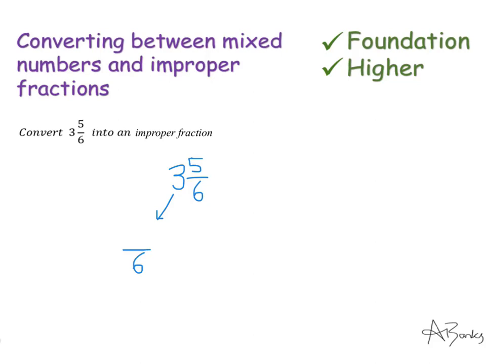So in 3 whole ones there will be 3 times 6, which is 18 6ths. So 3 is made up of 18 6ths. And then we have our 5/6 as well to add to that. So altogether 3 and 5/6 is made up of 23 6ths. So that's converting a mixed number into an improper fraction.